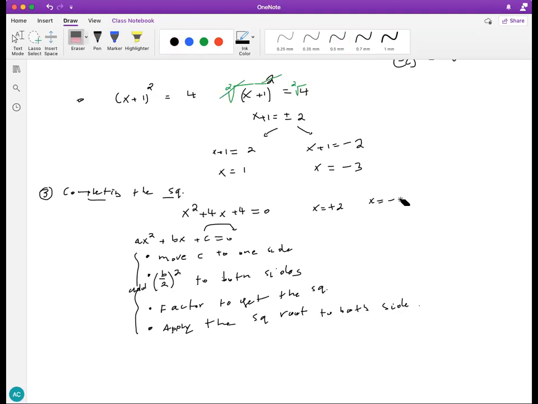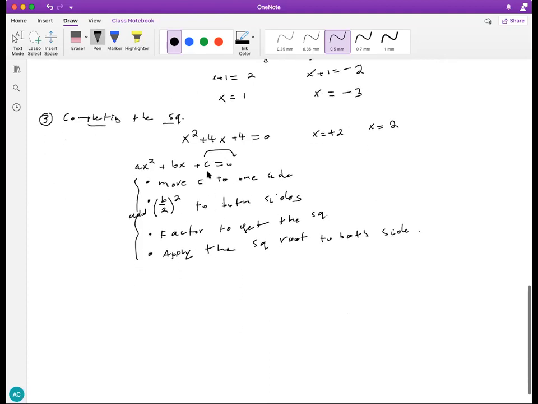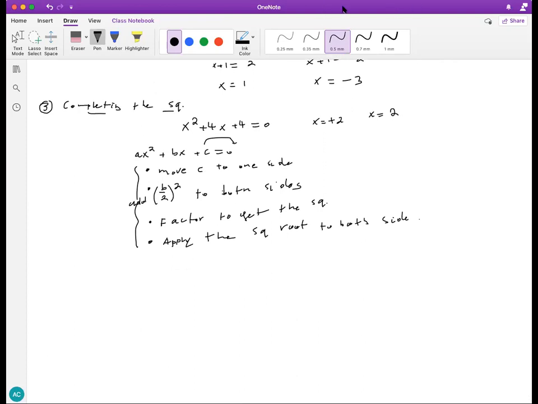If you do factoring, you can find that easily. But again, let's pretend we don't know factoring. We don't know this yet. It's basically, again, just dance around this problem and get back to these solutions. So let's follow this step by step, this square root property, or completing the square.